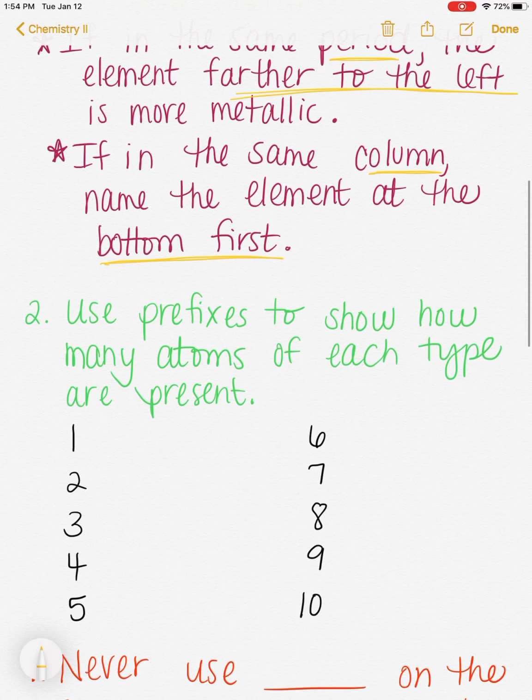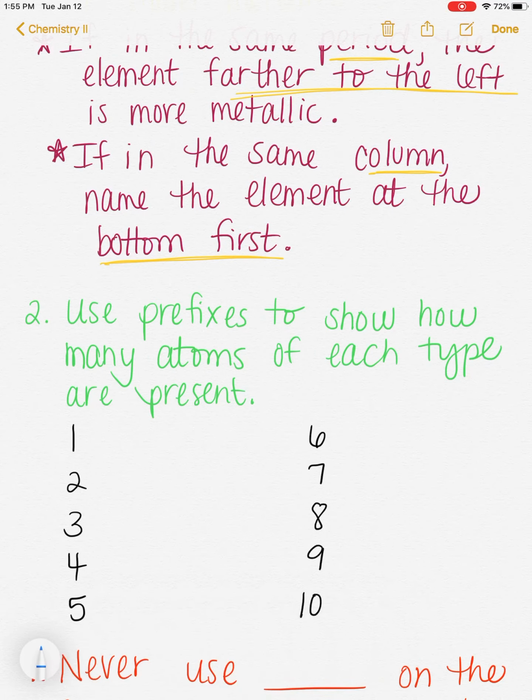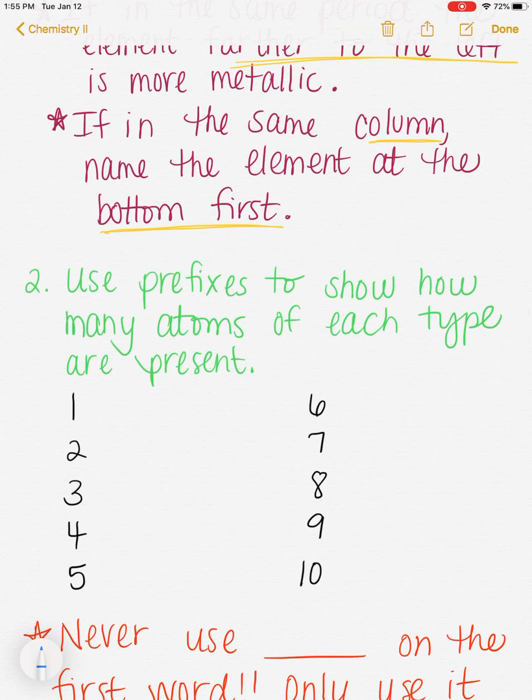We have to use prefixes in order to indicate how many of each atom you have. So let's review our prefixes. The prefix that you will use to indicate that there is one of something is mono. If there are two atoms, you will use the prefix di. If there are three, we use tri. If there are four, we will use the prefix tetra.